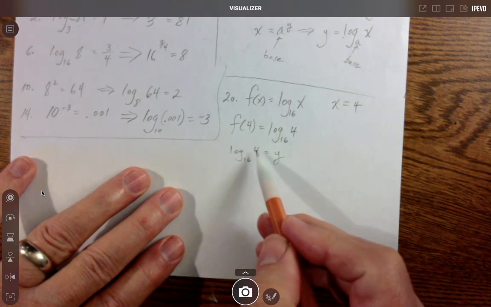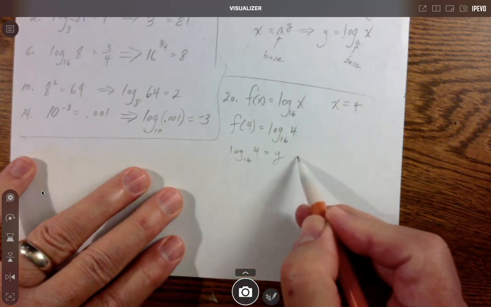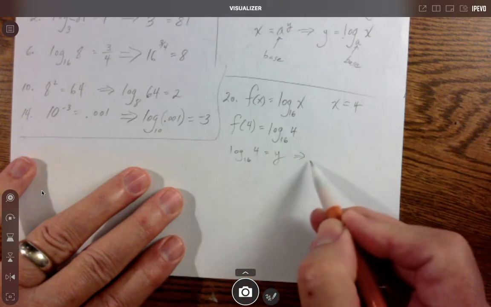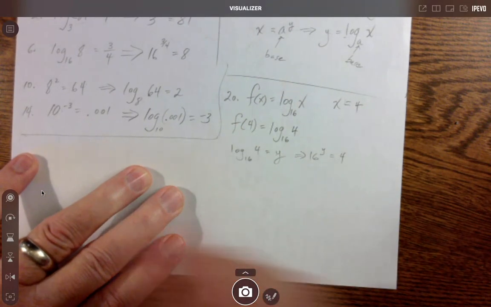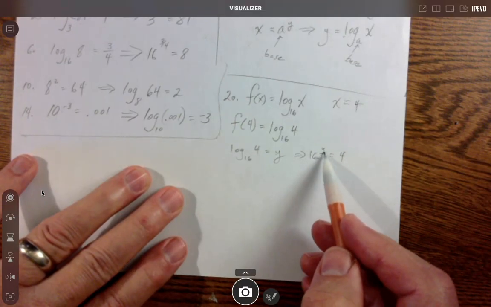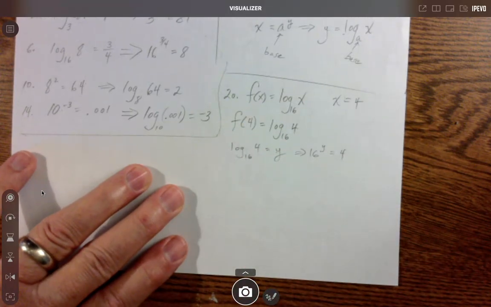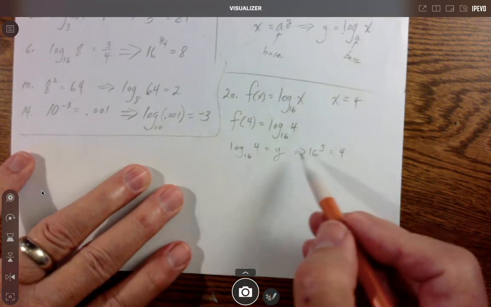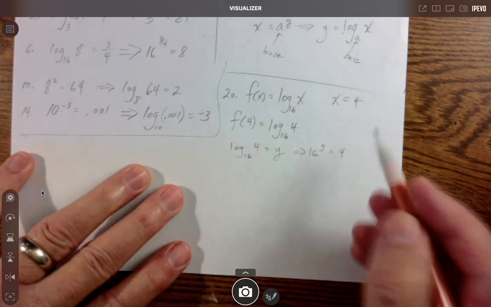As it is, I could just put it in the calculator to get the answer. But you would have 16 to the y is 4. So what power would 16 need to be raised to get 4? And the answer is 1/2, right? Because when you take the square root of 16, that's when you get 4.